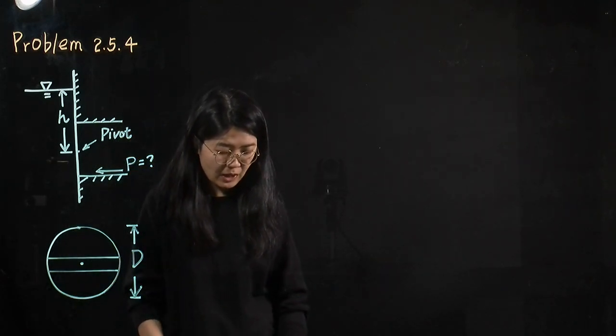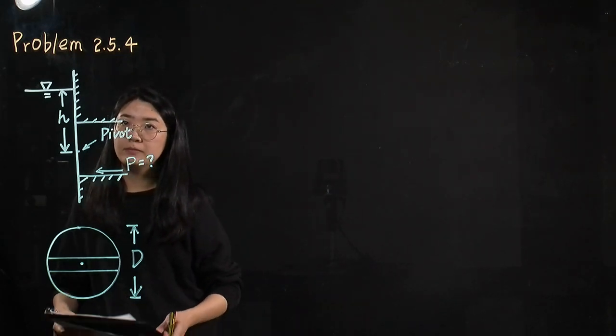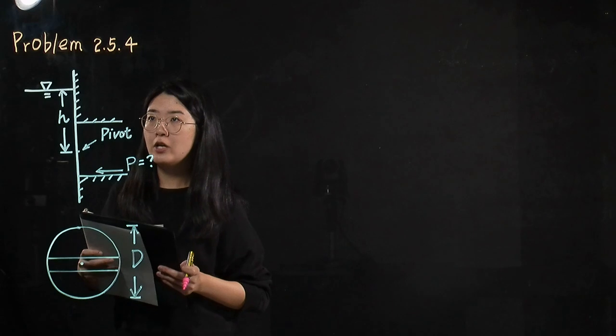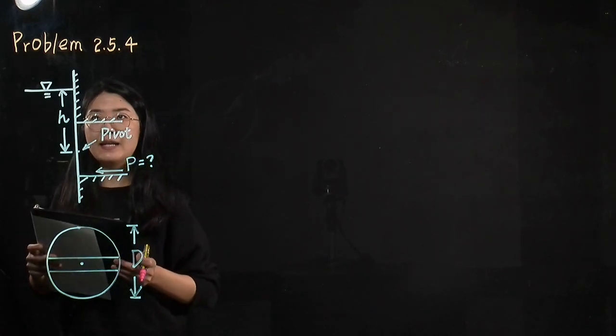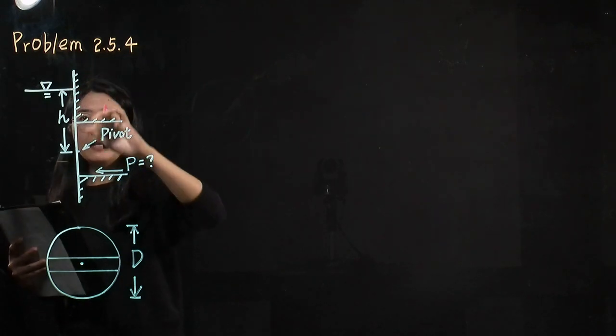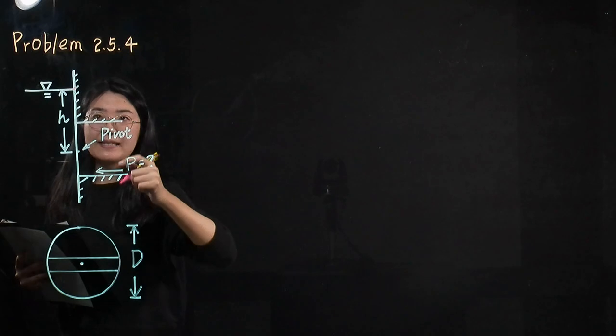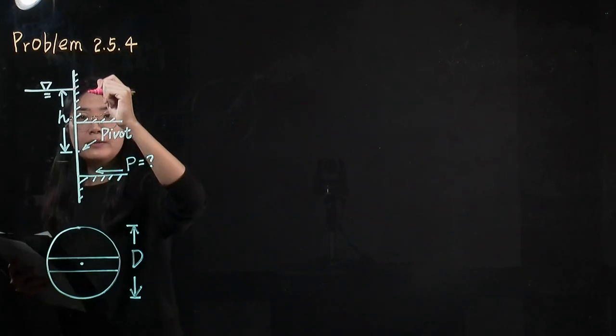So to solve this problem, we want to put a coordinate system on top of the figure first. We determine the x-axis is the intersection line between the free surface and the wall. So the x-axis should point into the board.